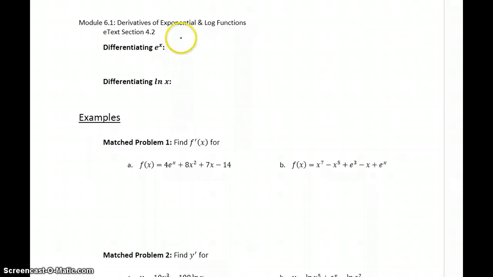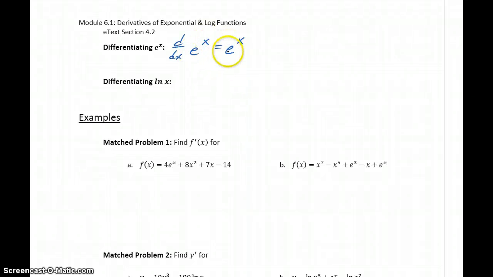So to differentiate e to the x, we're going to take the derivative with respect to x of e to the x, which is going to give us e to the x. So we're just following that same pattern that we established for exponential functions.